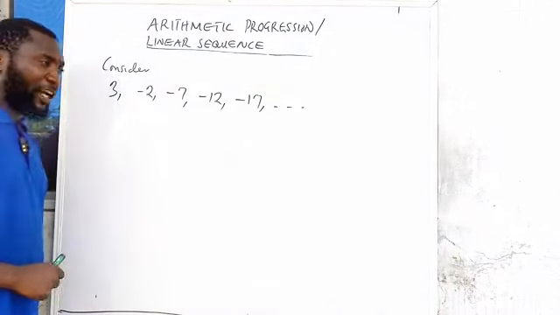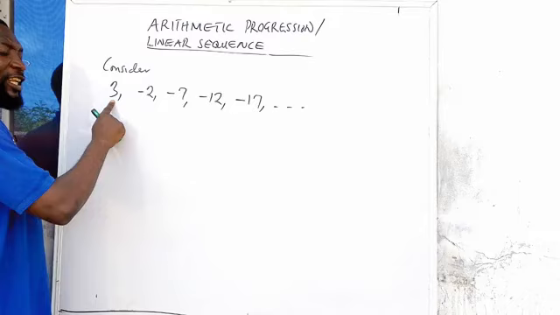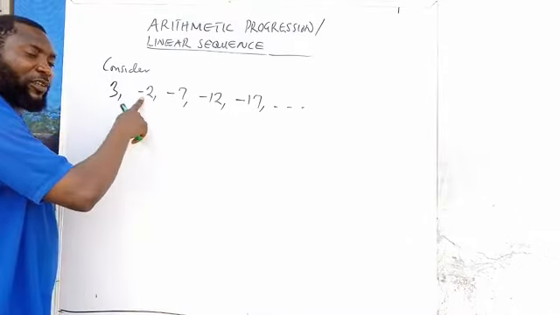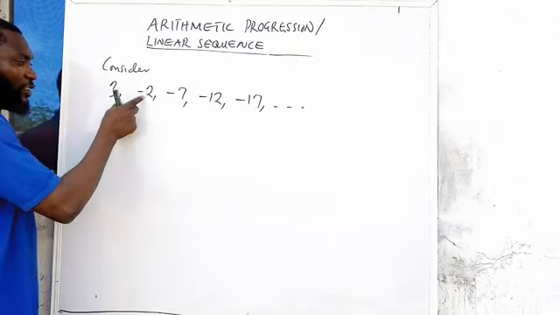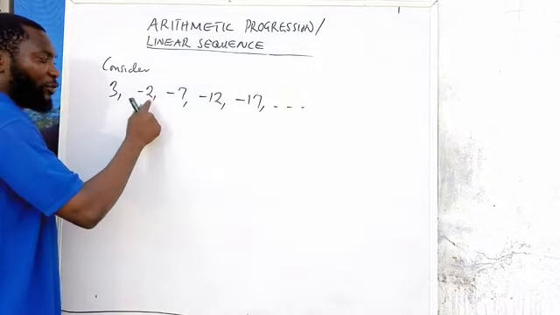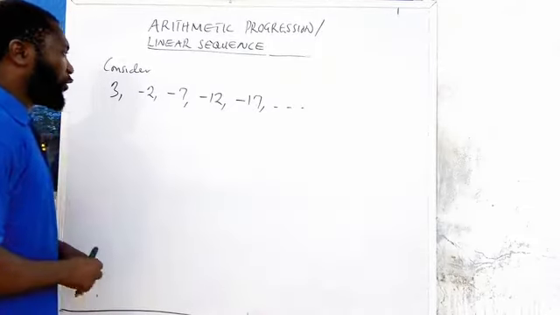And what is that number? -2 minus 3, that is -5. -7 minus -2, that is -5. It means the common difference here, the difference between the first and second term, is the same as the difference between the second term and third term. And that is how it continues.